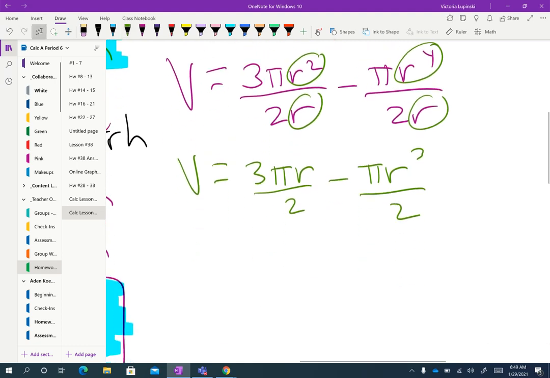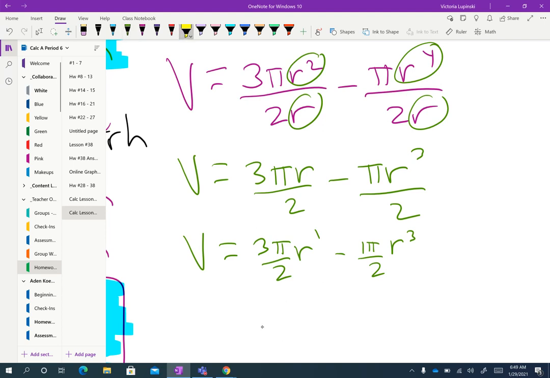Yet another simplification step that I can do is to take 3 pi r and recognize that 3 pi over 2, that whole value, is a constant. So I'm going to separate that from the r so that I remember that. And then minus 1 pi over 2 r to the third. Again, you want to put yourself in the friendliest fashion possible in which to take the derivative.